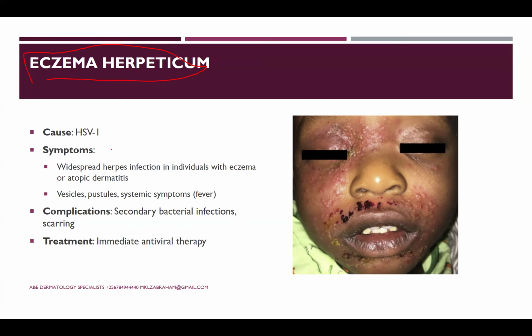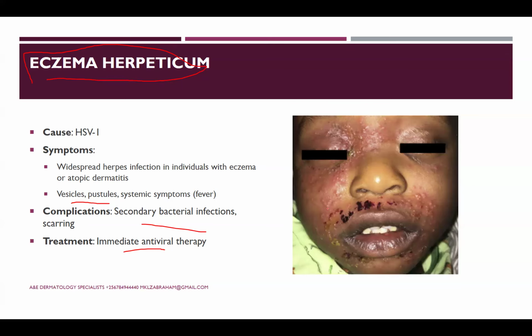So in this case, instead of having the localized infection of herpes, because of already deranged skin function, you can get disseminated herpes. That is what we call eczema herpeticum. You have vesicles and pustules that can spread all over, can also present with systemic symptoms, and you can also get secondary bacterial infections and scarring, and you have to give antiviral therapy immediately.